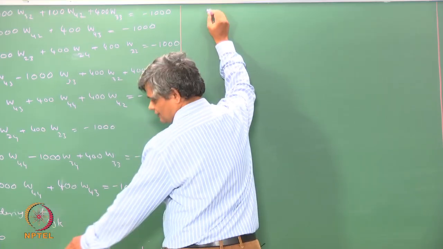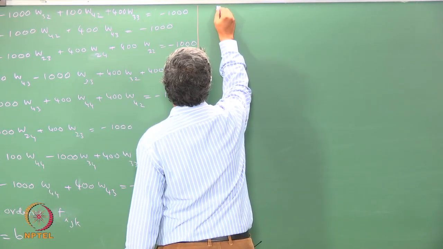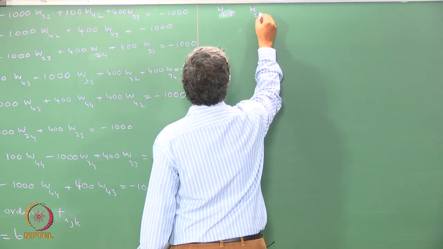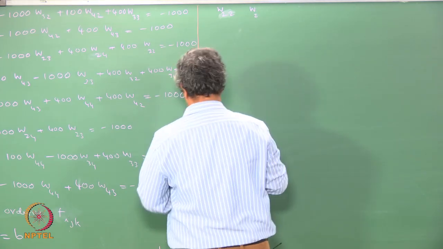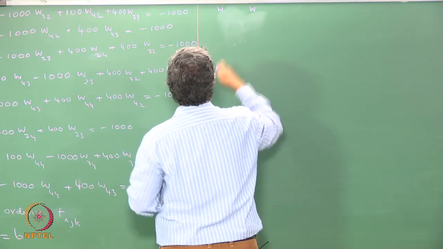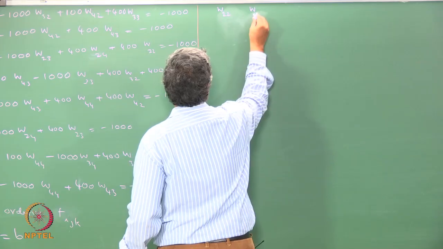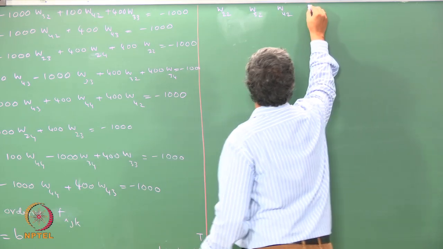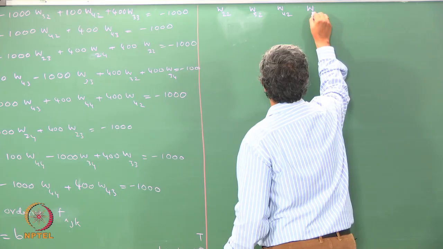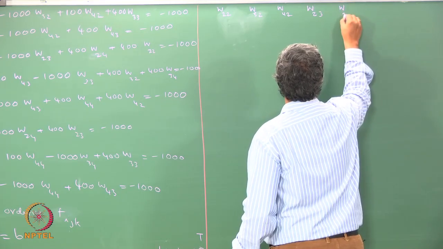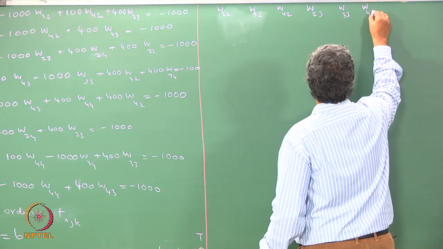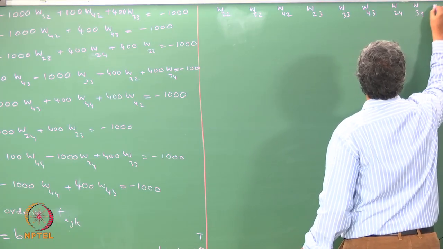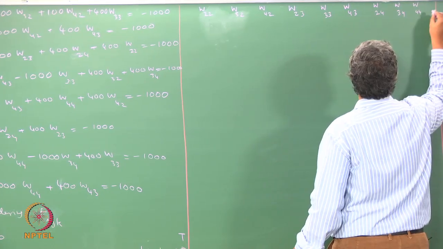For this we will just copy down these things here. So, we have W22, 32, 33.